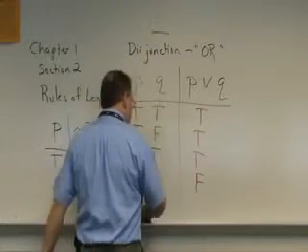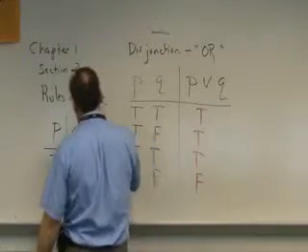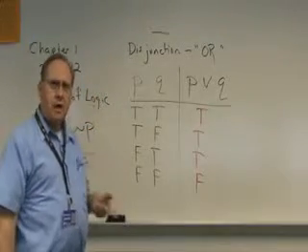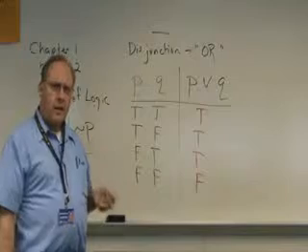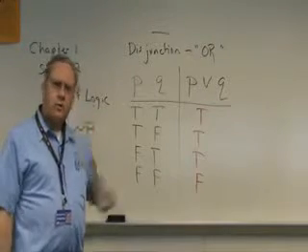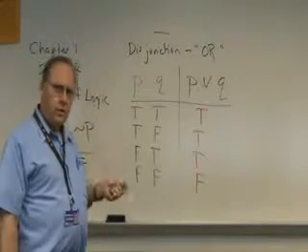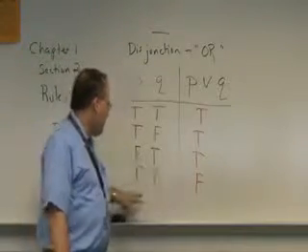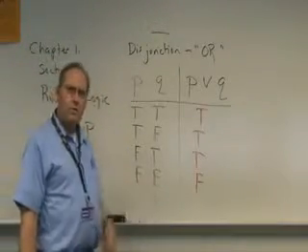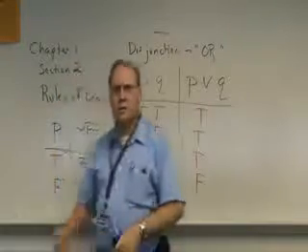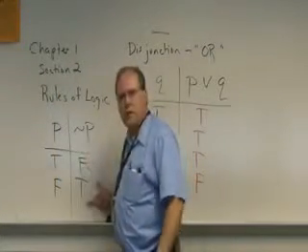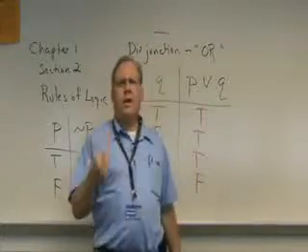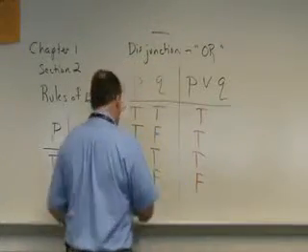Well, what other ways do we have for connectivity? So far we have conjunction, which is and is true if all parts are true. A disjunction or, and a disjunction is false only if all parts are false. We have negation. Negation changes the truth value. But we also have conditional statements.